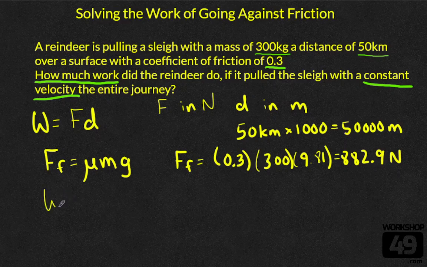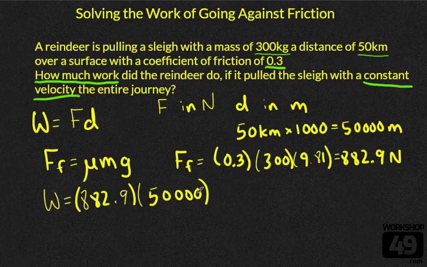Because the work equation is the force that was applied the entire trip, 882.9, and I like putting things in brackets because it keeps track, multiplied by the distance, a colossal 50,000 meters. This reindeer was busy, and it is going to equal this magnificent workload of 44,145,000 joules.